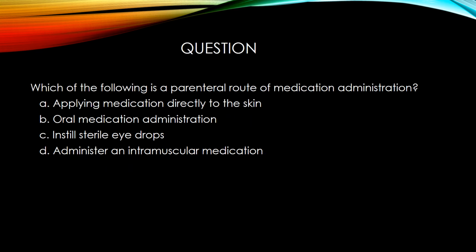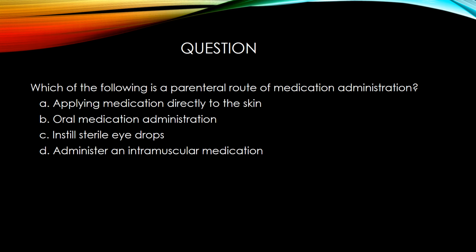Okay, question: which of the following is a parenteral route of medication administration? Applying medication directly to the skin, what is that called? That's topical. Oral medication administration is oral. Instilling sterile eye drops, that's ophthalmic.